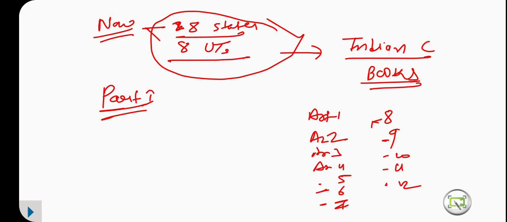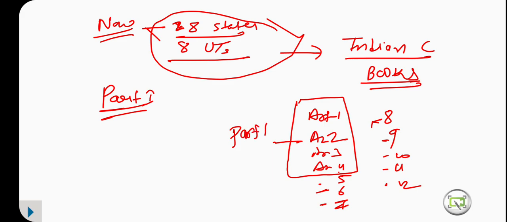When we open the pages of the Indian constitution, we find that Article 1 is written, Article 2 is written, Article 3 is written. Then from Article 1 to Article 4, it comes under Part 1.